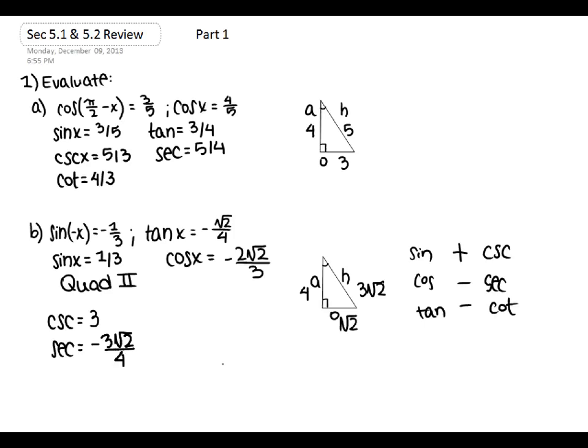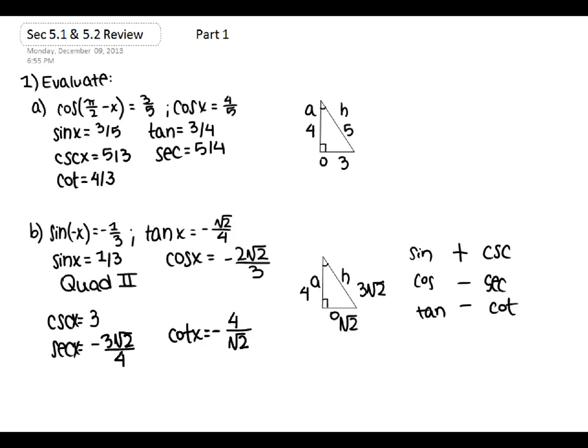And last but not least, we're going to have cotangent. I need the x in there, sorry, equals, once again, this will be negative, okay? And cotangent is, we're going to flip this for root 2.